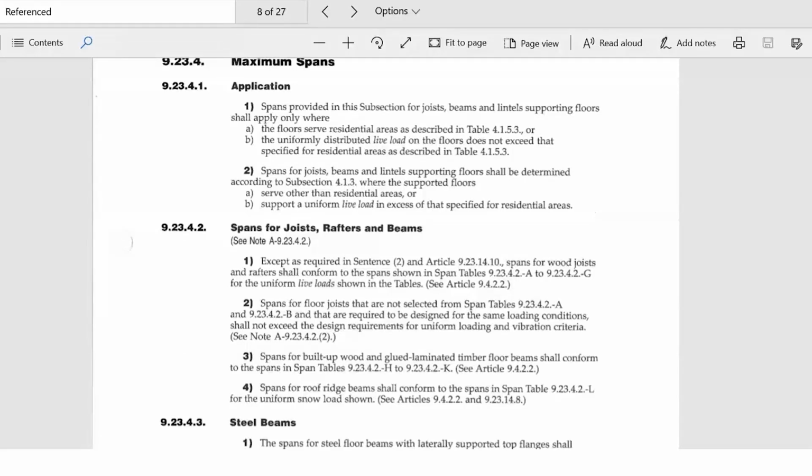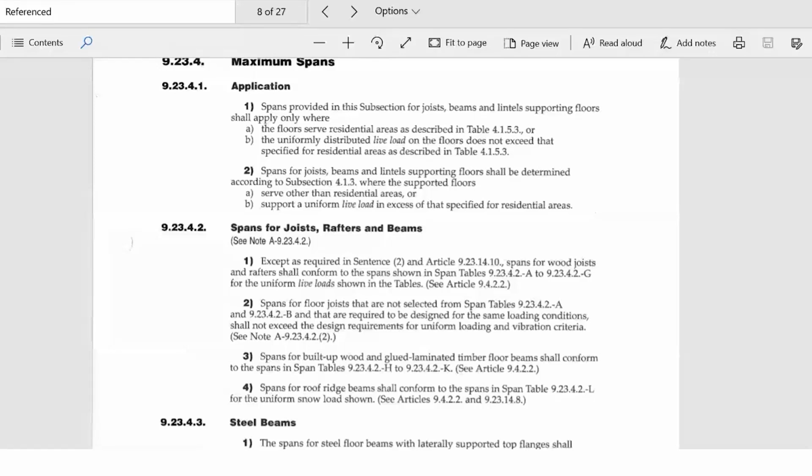Okay. Spans for floor joists that are not selected from span tables 9.23.4.2A and 9.23.4.2B and that are required to be designed for the same loading conditions shall not exceed the design requirement for uniform loading and vibration criteria. And spans for built-up wood and glued laminated timber floor beams shall conform to the spans in tables 9.23.4.2H to 9.23.4.2K.